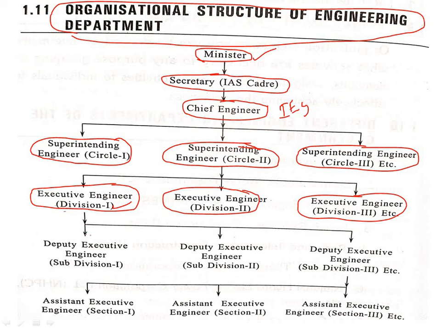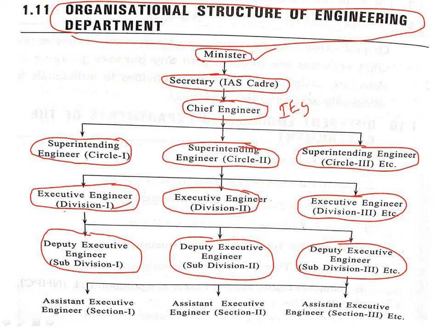And then after that the deputy executive engineer will be there, DEE, that is subdivision 1, subdivision 2 and subdivision 3. From division 1 it is divided into subdivision 1, from division 2 into subdivision 2, and from division 3 into subdivision 3. So at last we will have the assistant executive engineers, that is section 1, section 2 and section 3.